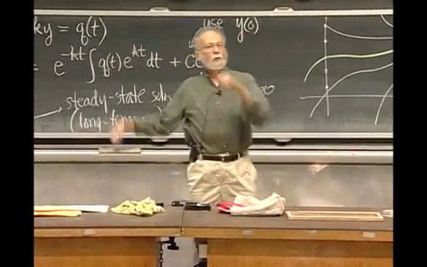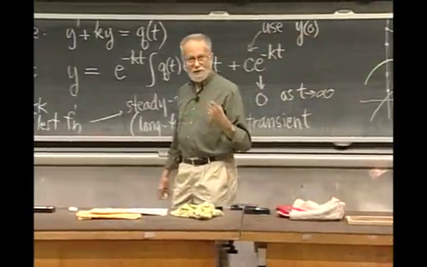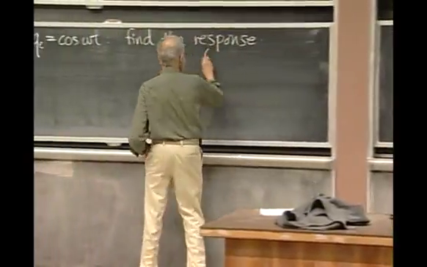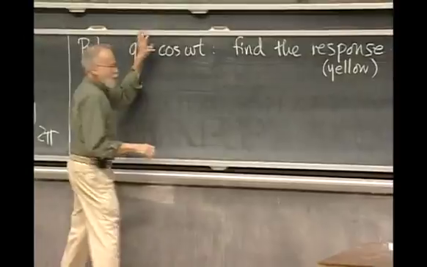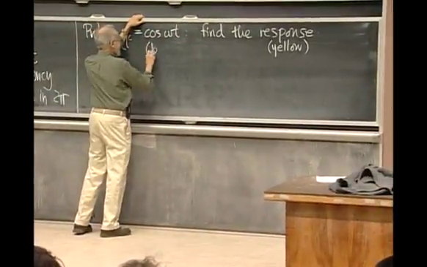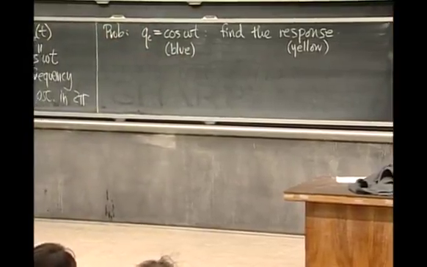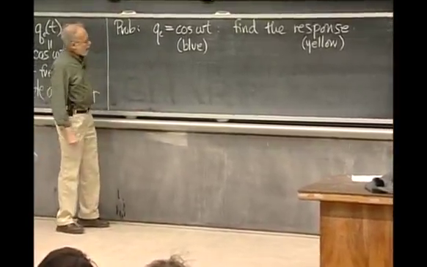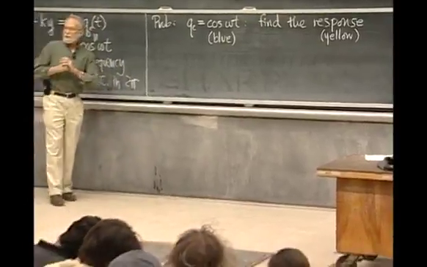The input was in green, maybe, but I do remember that the response is in yellow. So find the response, yellow. And the input, what color was it, green? Blue, light blue. Okay, so we've got to solve the differential equation.